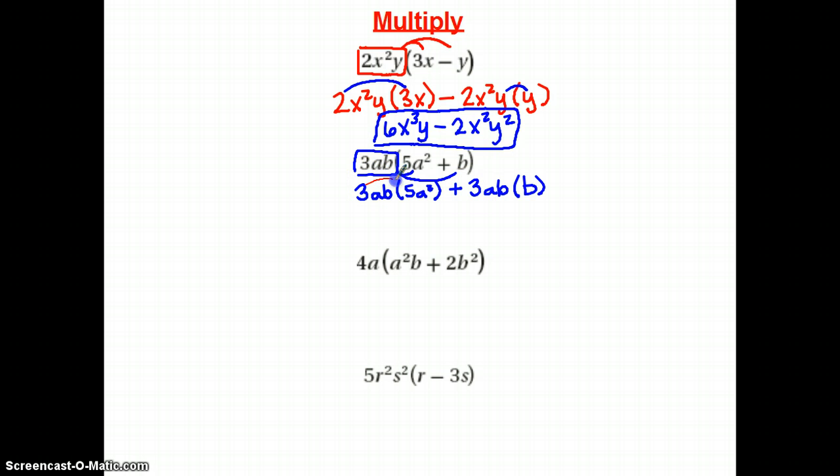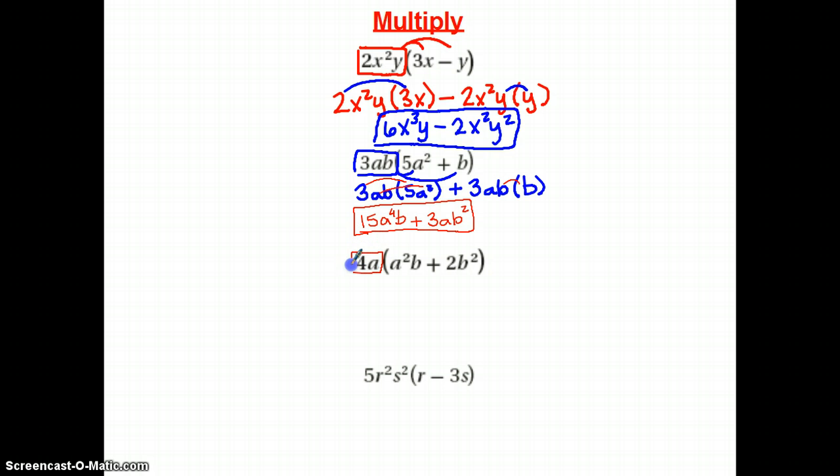Multiplying my coefficients, 3 times 5 gives me 15, and a times a squared, I add the exponents to get a to the third power times b, plus 3a, and I multiply my b's to get b squared. Since these are not like terms again, I simply leave my answer like this.